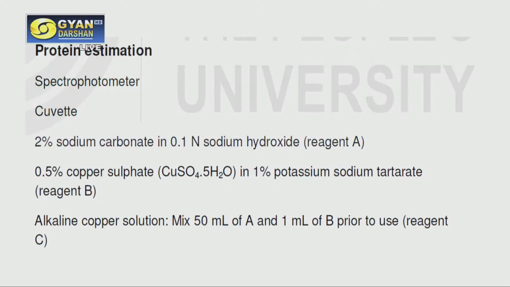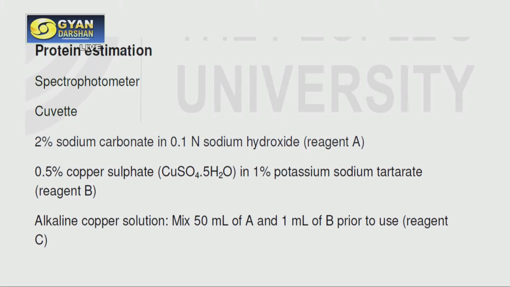Now for the protein estimation part, you need a spectrophotometer, a cuvette, 2% sodium carbonate in 0.1 normal sodium hydroxide, which you designate as reagent A, and 0.5% copper sulfate in 1% potassium sodium tartrate, reagent B. You have to prepare the alkaline copper solution, which is reagent C, by mixing A and B in proper ratio.